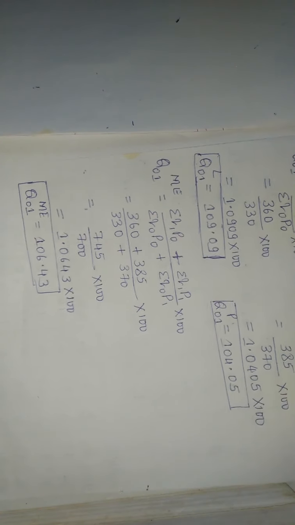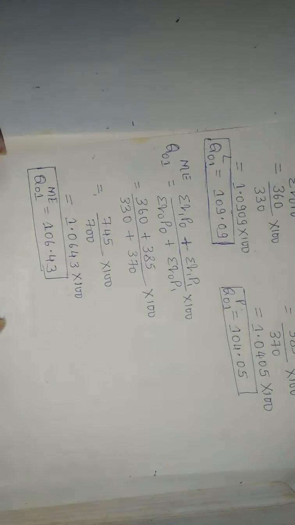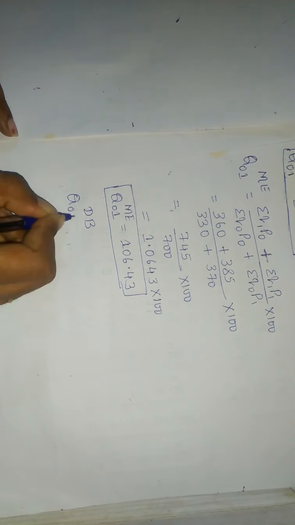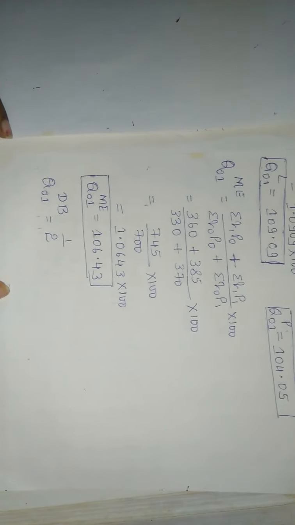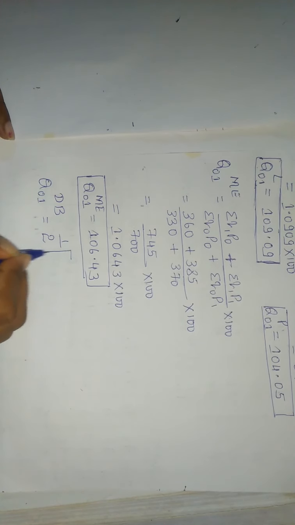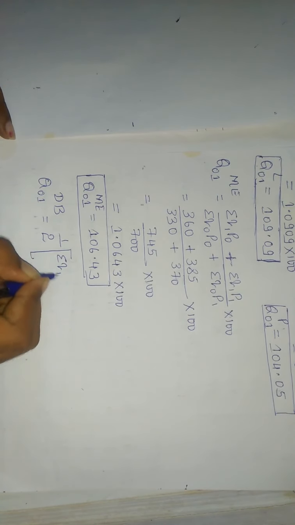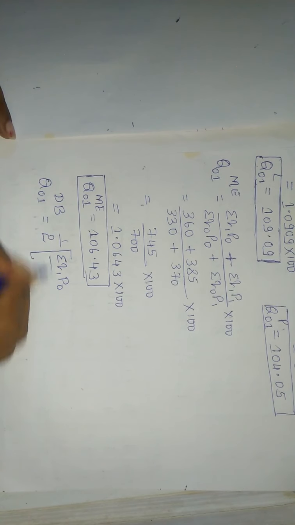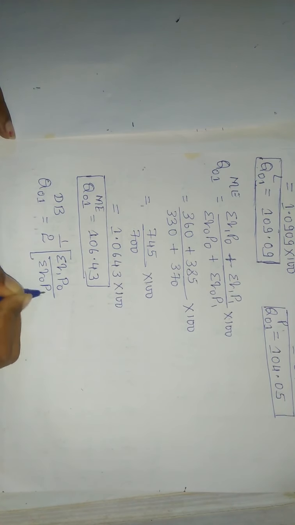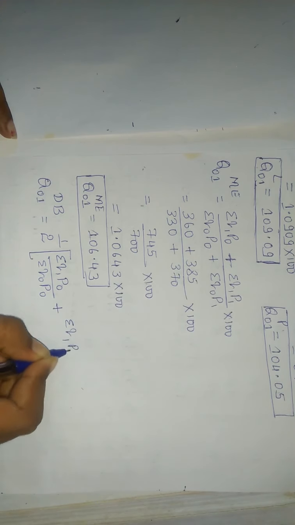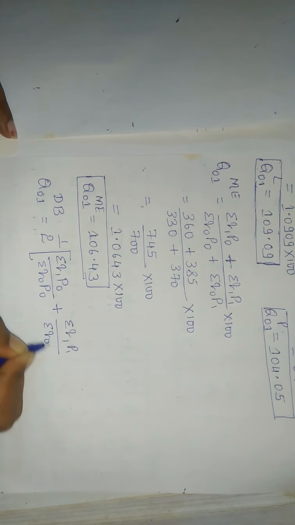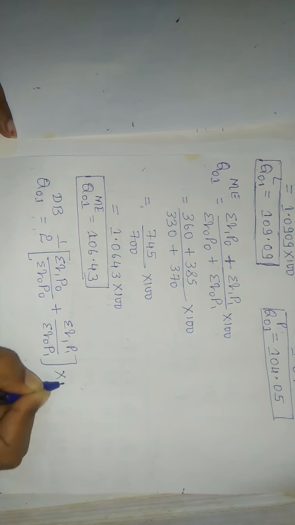Next one, Drobisch-Bowley quantity index number. Write the formula, which is equal to 1 divided by 2 into summation Q1 P0 divided by summation Q0 P0 plus summation Q1 P1 divided by summation Q0 P1, into 100.